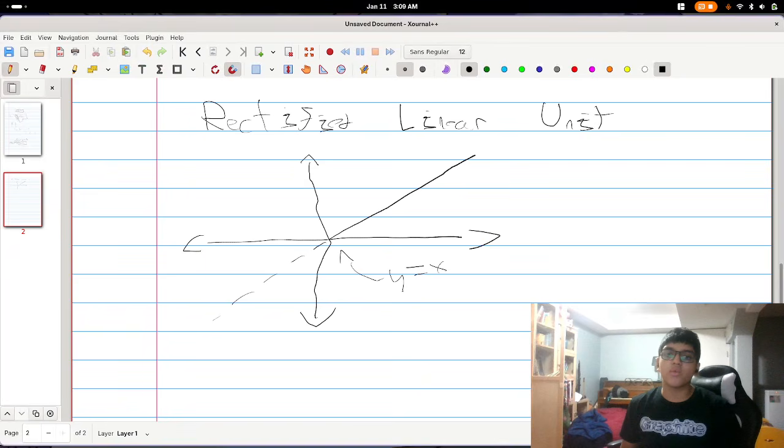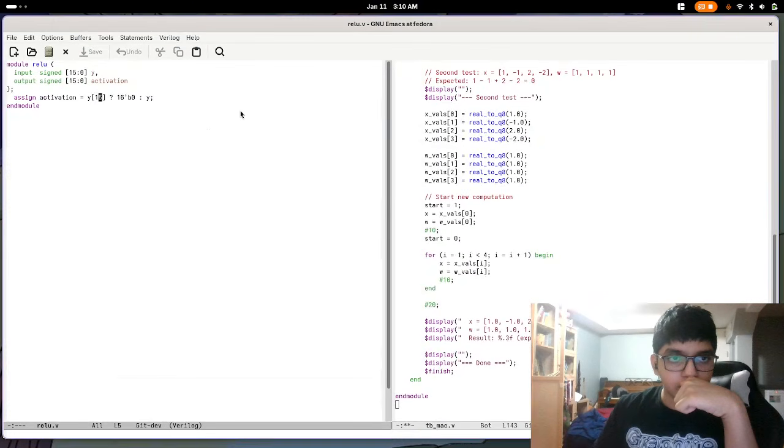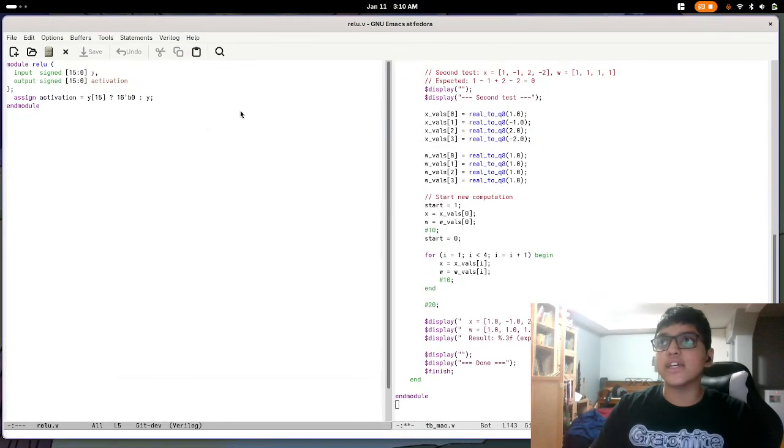If we were to apply a ReLU to this function, once y crosses below 0, y is just equal to 0. So this is our activation function. Now what this is doing is y15, this is just checking the sign. So if it's negative, it sets it to 0, else it sets it to y.